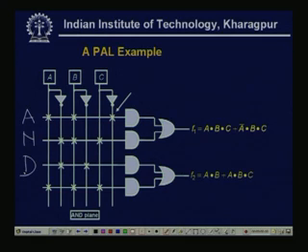It has 3 inputs, and we have taken A and A complement, both available. So this line is A and this is my A complement. Similarly, this is B, this is B complement, this is C, this is C complement.